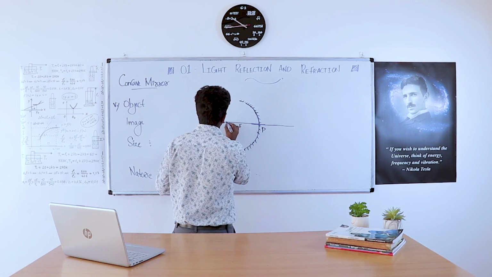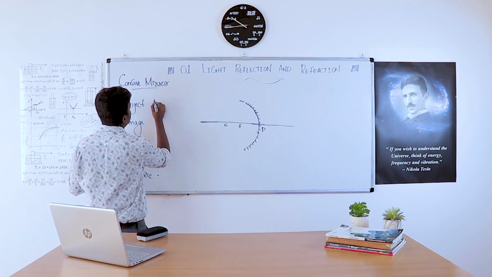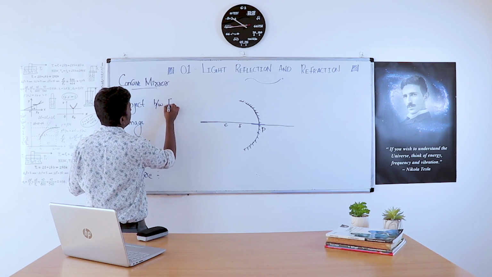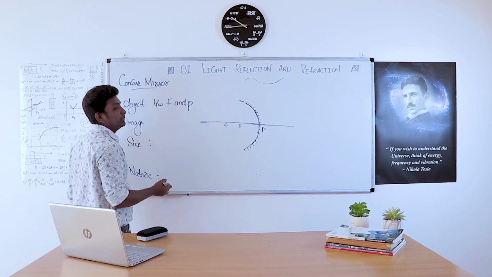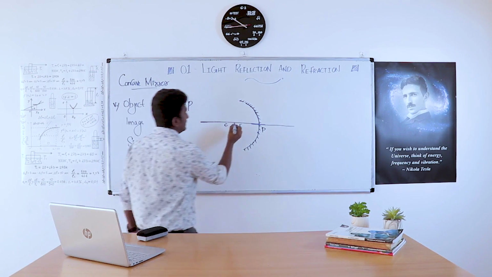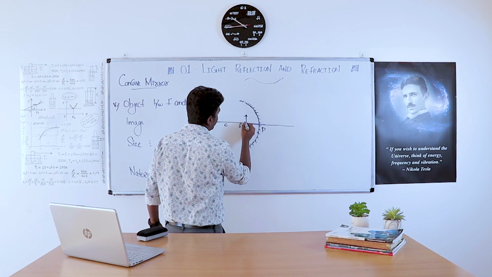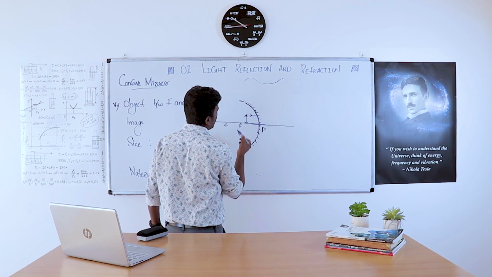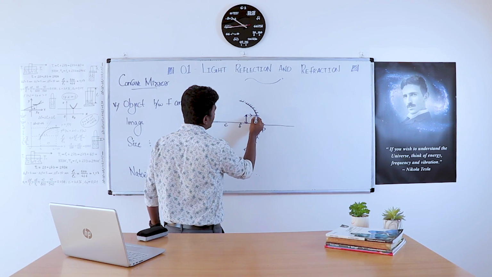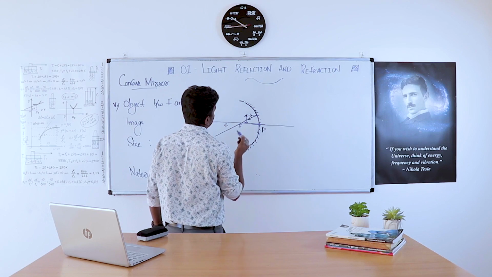Focus, center of curvature. Now, I am placing the object between F and P. So, I am placing the object here. When a ray of light comes parallel to the principal axis, after reflection it passes through the focus.